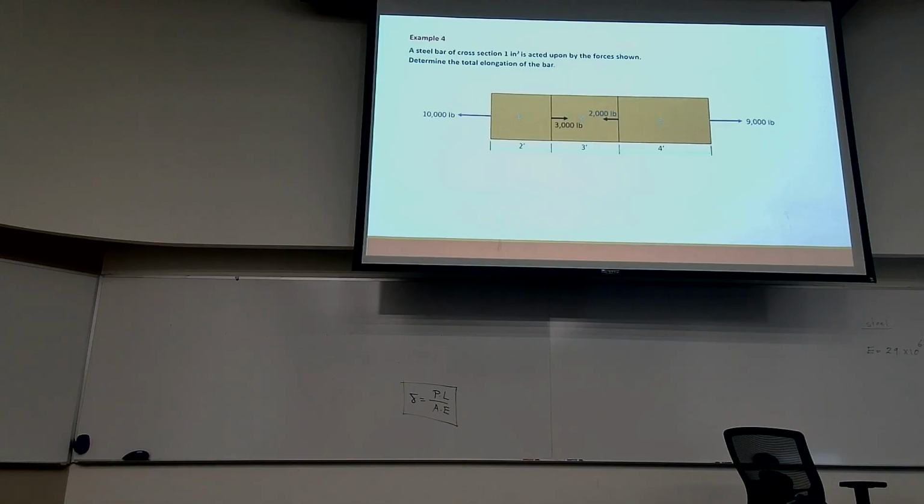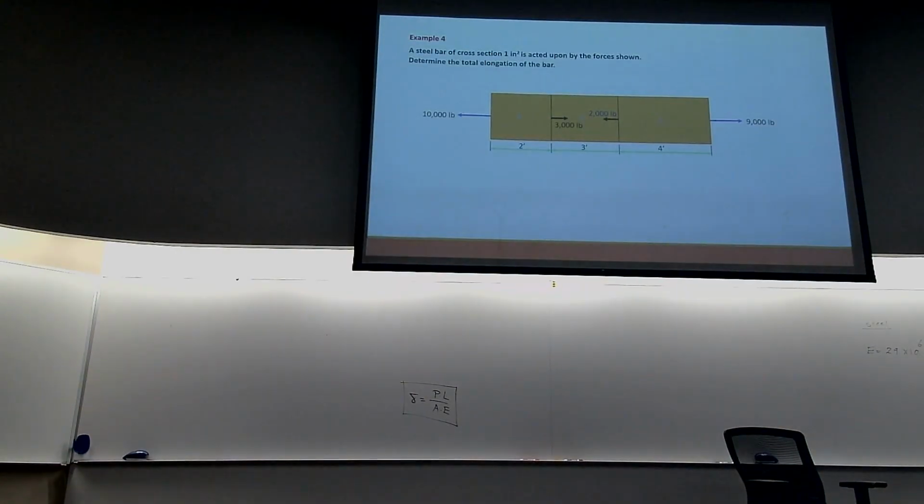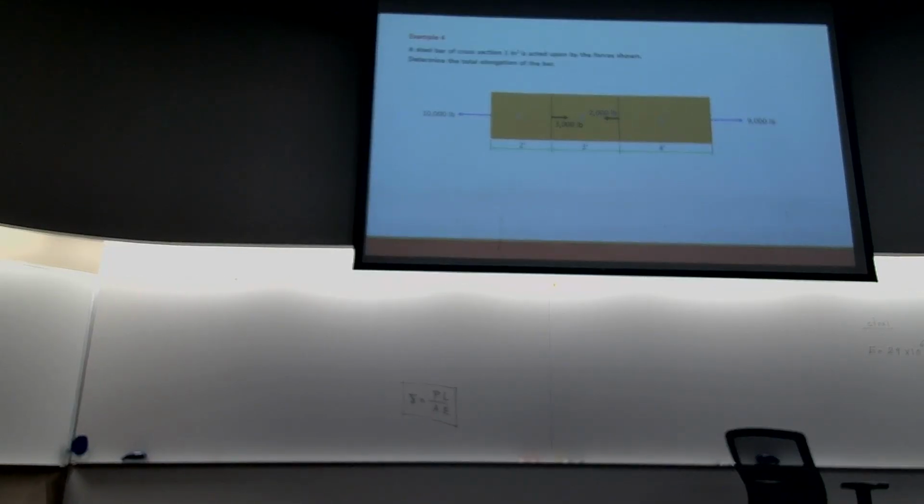So we're going to make a cut somewhere in segment 1 and make a free body diagram of what's on the left side of that cut. So this is segment 1. And as you can see, we have 10,000 pounds here.